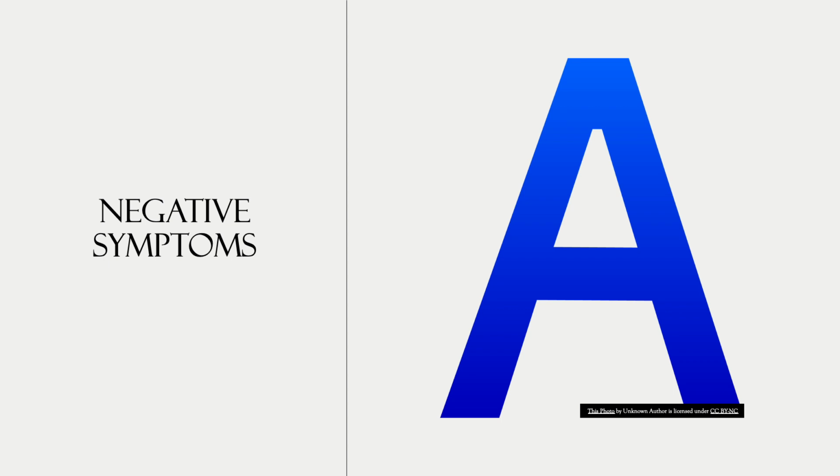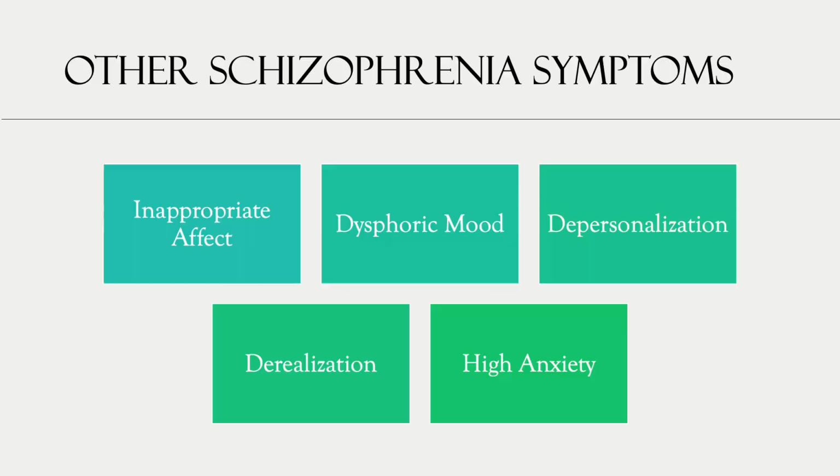So the positive symptoms are increased dopamine in the mesolimbic, but the negative symptoms are caused by decrease of dopamine in the mesocortical pathway. And they are all the A's: affective flattening, alogia, avolition, apathy, abstract thinking problems, anhedonia, and attention deficits.